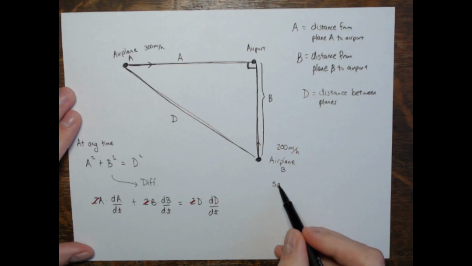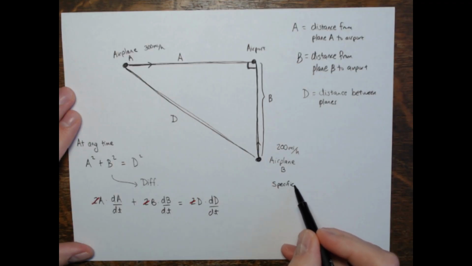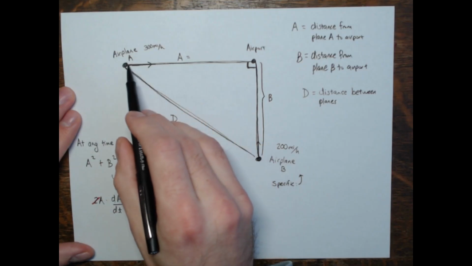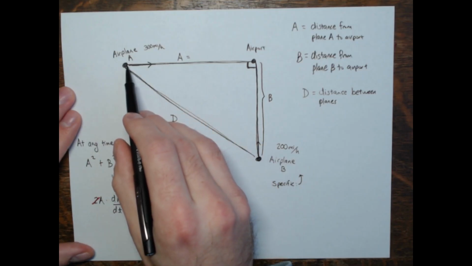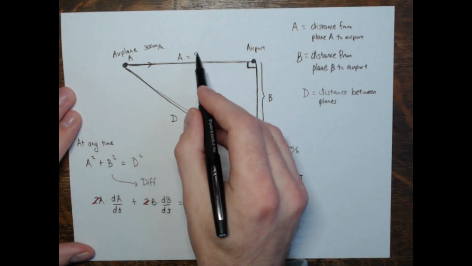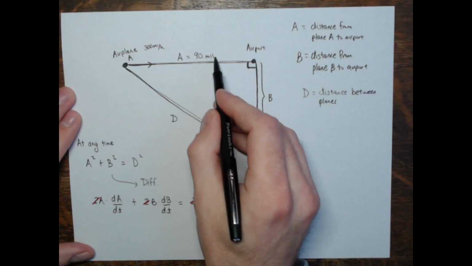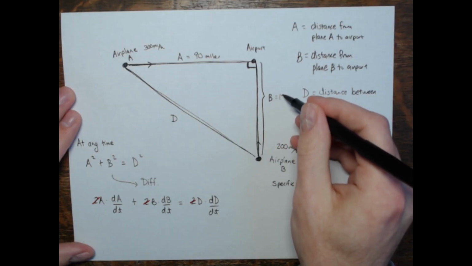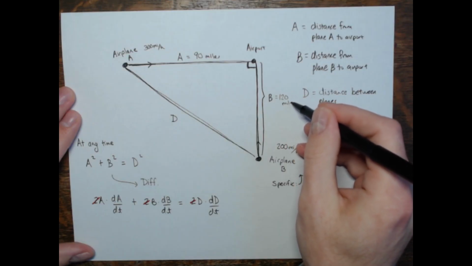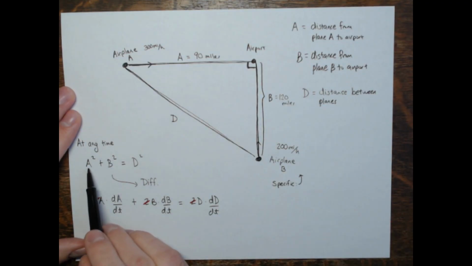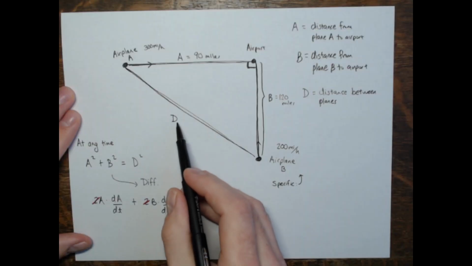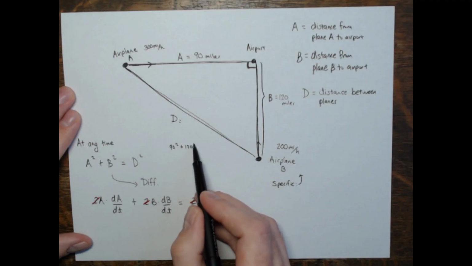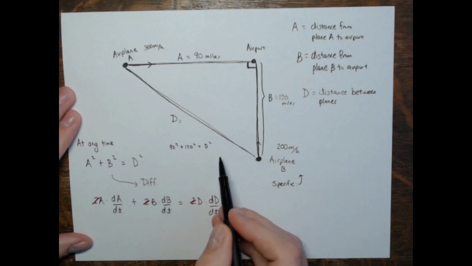So now we go to the specific moment. Right now I'll put some specific numbers in here. They told us that at the moment in question, airplane A is 90 miles away from the airport, and airplane B is 120 miles from the airport. So if you pop those in here, 90 squared plus 120 squared should be equal to D squared.